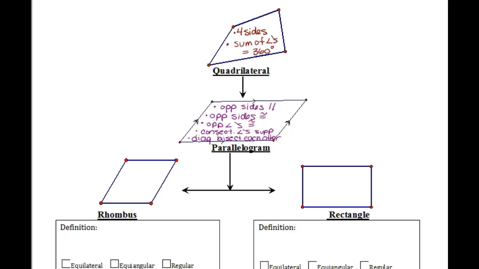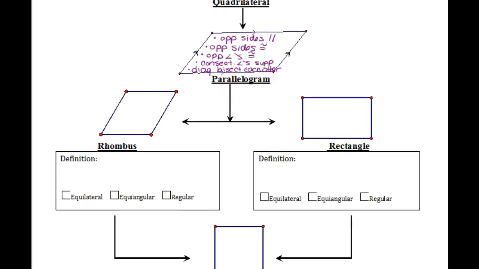The next thing we did was we looked at 2 special parallelograms. One of them was a rhombus. By definition, a rhombus is a parallelogram with 4 congruent sides. So all of these 5 rules applied, but also all 4 sides were congruent.